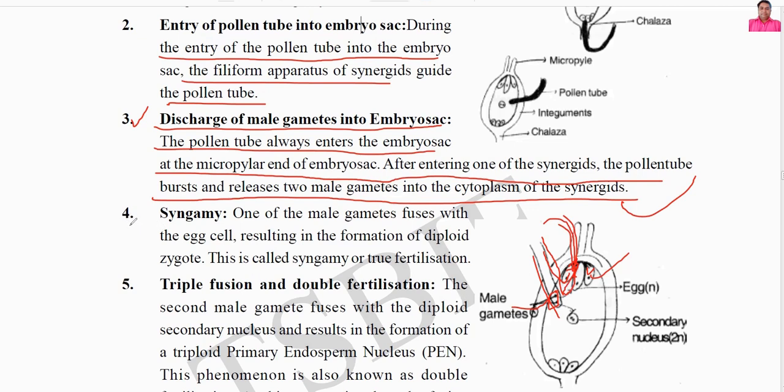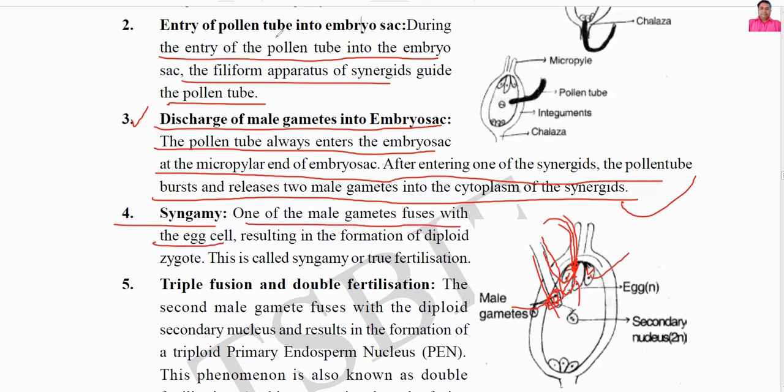Fourth one, syngamy. Syngamy means fusion of male and female gamete. Here two daughter nuclei are in the pollen tube, and here is an egg cell. One of the male gametes fuses with the egg cell.